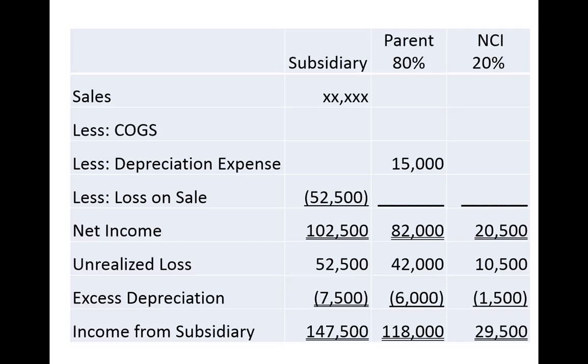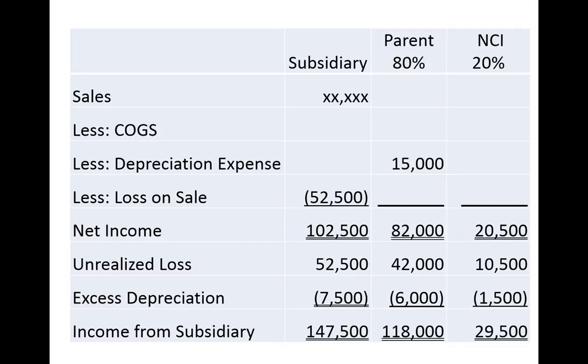The nice thing about this is all of the concepts from the downstream transaction and the upstream transaction are the same. The only difference between upstream and downstream in these learning objectives is on the upstream transaction, things get allocated out 80 to 20 or 90 to 10 between the parent and the NCI.